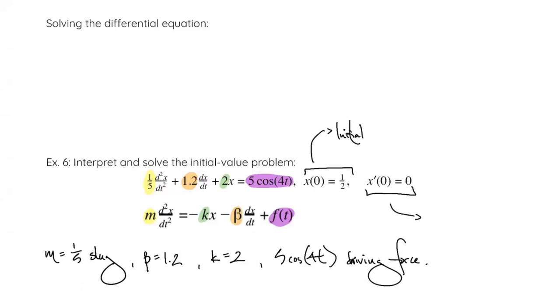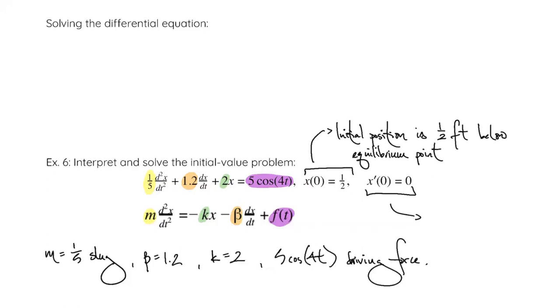It would be the mass was released from 1/2 unit below the equilibrium. Good, good. So the initial position is a half a foot, or whatever keeps you in line with the same units. So initial position is a half a foot below the equilibrium point. Good.